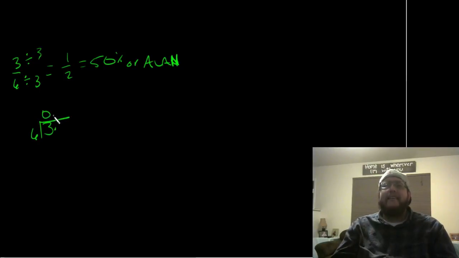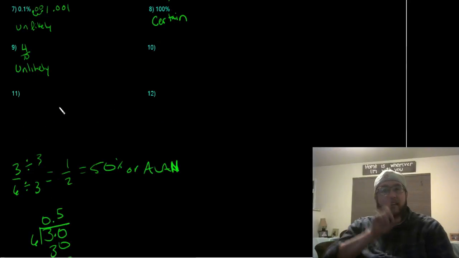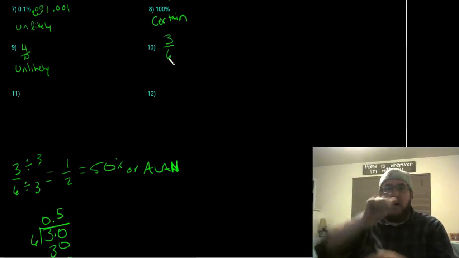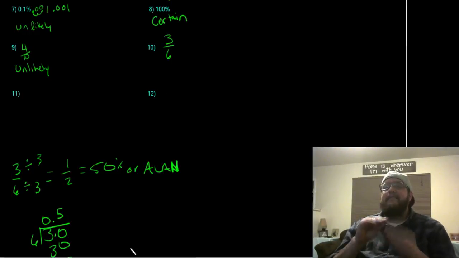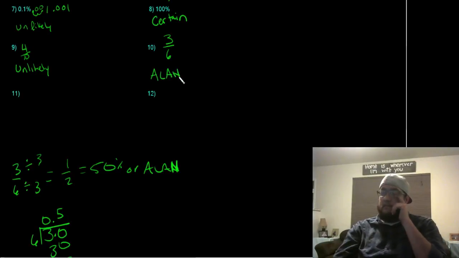Again, we add a decimal. Get a 0 here. 6 goes into 30 5 times. 5 times 6 is 30. So our answer is 0.5, which we know is as likely as not. Is that for number 10? Yeah, cool. So 3/6 is as likely as not.